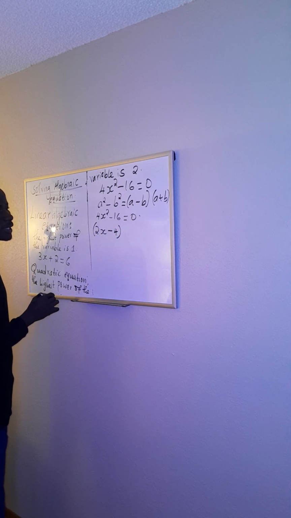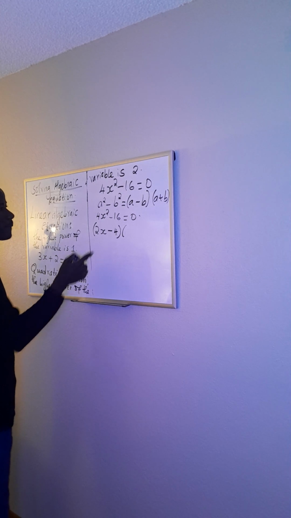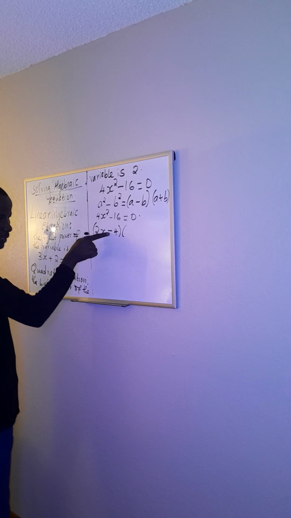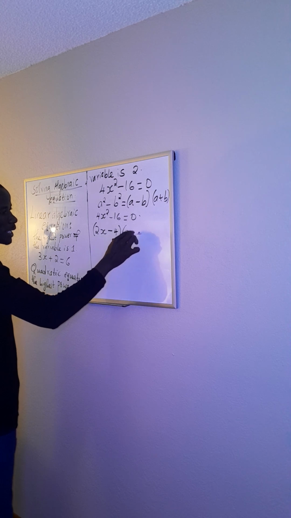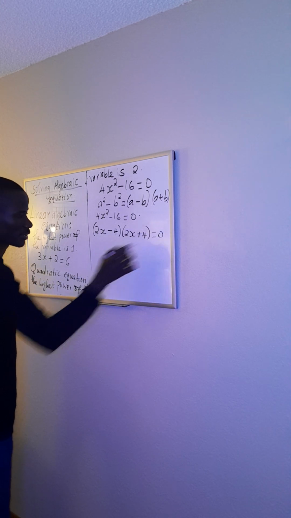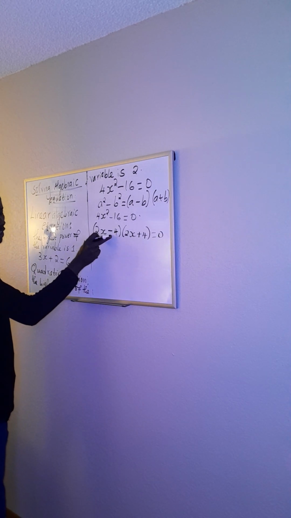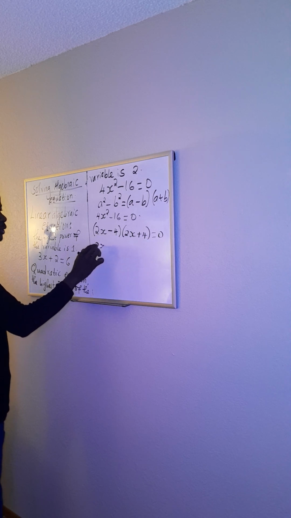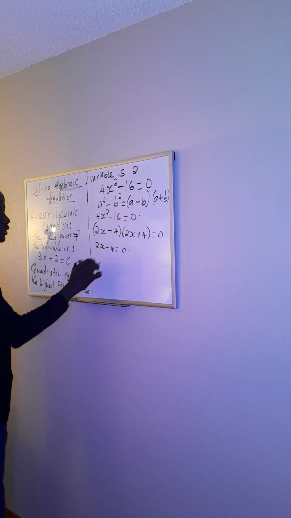I'm trying to factorize it. Then the other bracket will have the same components, but with a different sign, which is now plus. So (2x minus 4)(2x plus 4) is equal to 0. Then I equate each bracket to 0. So 2x minus 4 is equal to 0, or 2x plus 4 is equal to 0.